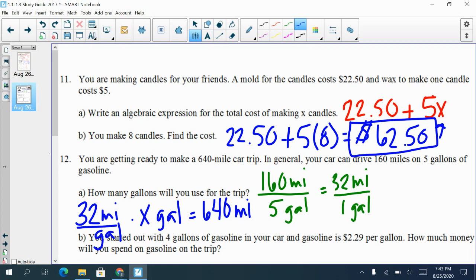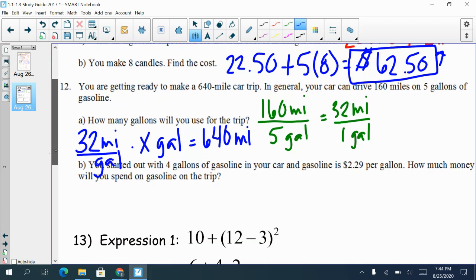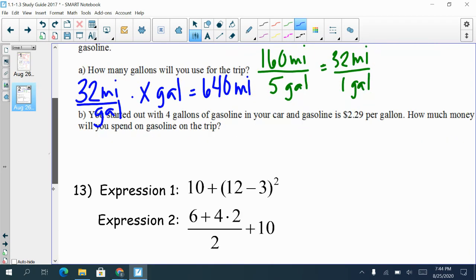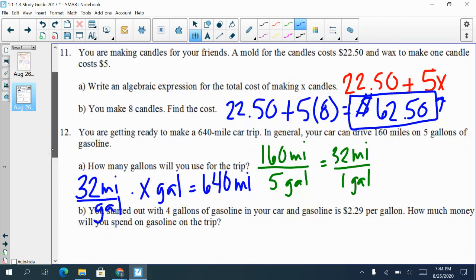So we could sit here and guess numbers, but that wouldn't be super fun. So what I would probably do is, I'm out of room. Let's come down here. 32 times x equals 640.